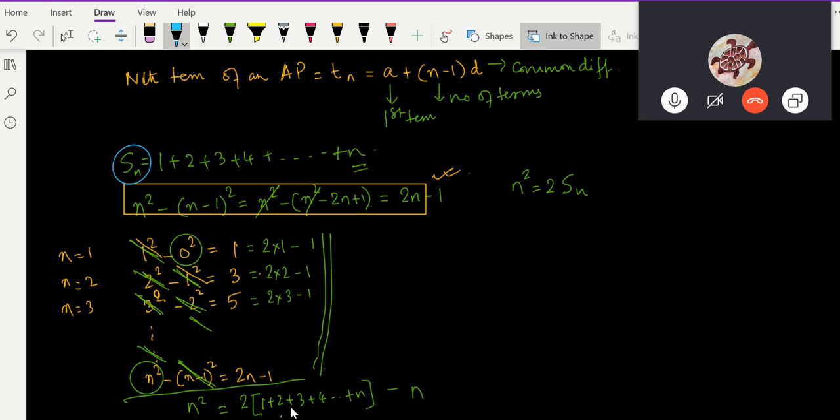This is the sum of the n terms, right? 2 sum of n minus n, correct? So therefore 2 sum of n is equal to n square plus n. I take the n this side minus n this side. That is equal to n into n plus 1, right?